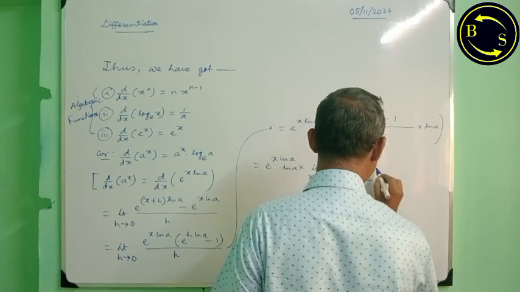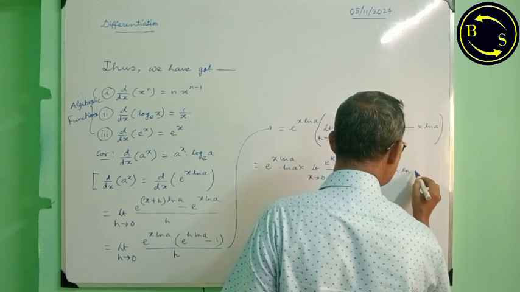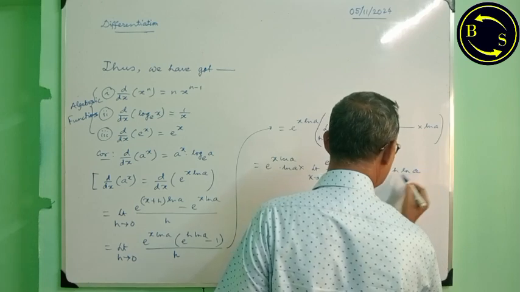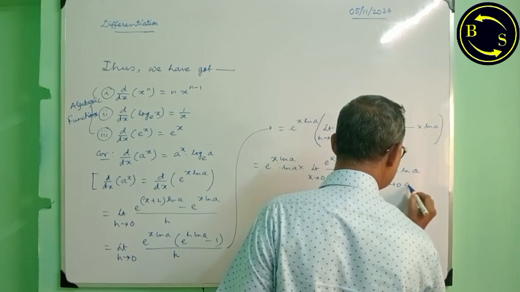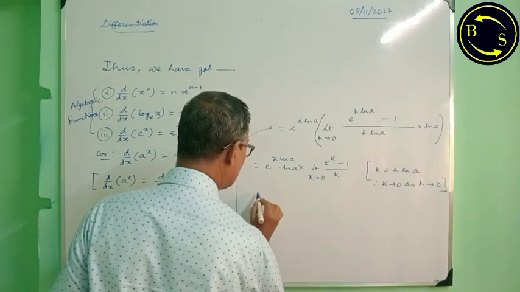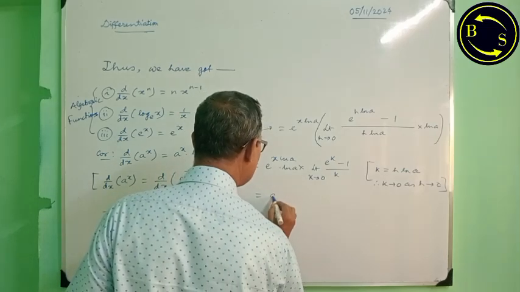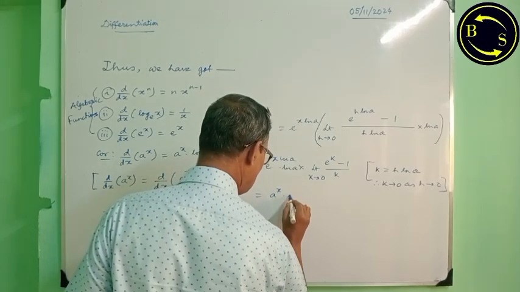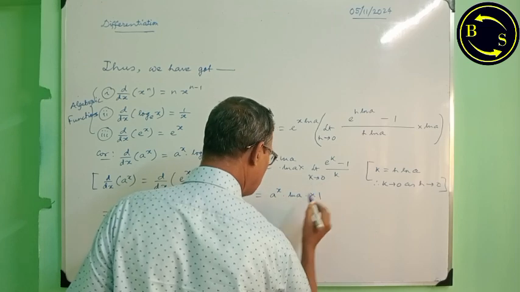Here we are changing the variable, k equal to h log a, therefore k tends to 0 as h tends to 0. Finally what we get, e to the power x log a, that is a to the power x, into log a, into, this is a standard limit, therefore 1.